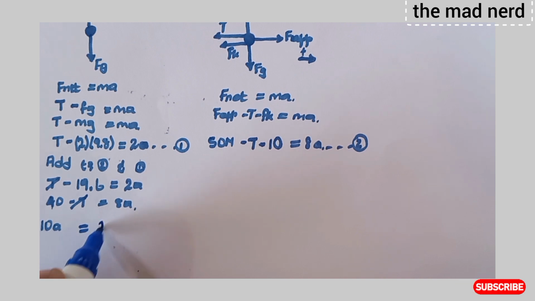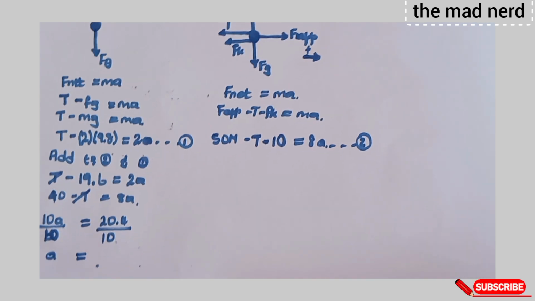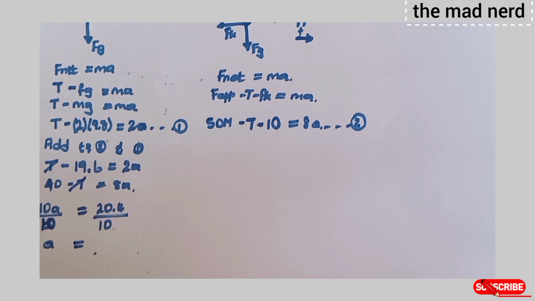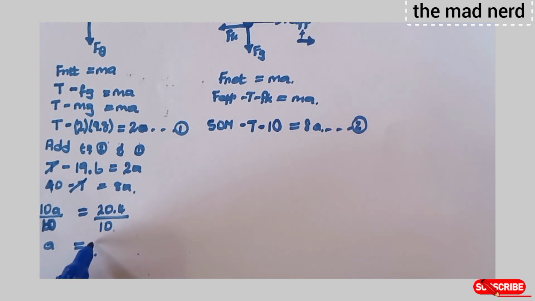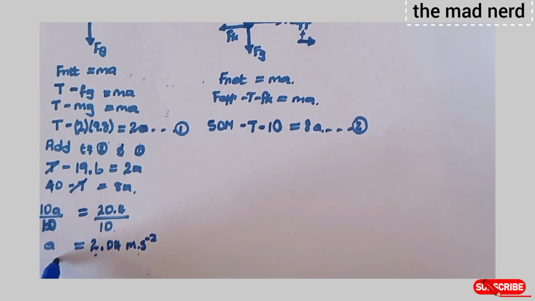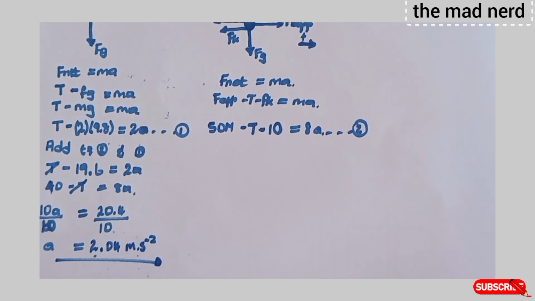So we have 20.4 on this side. Let's divide by 10, and we get the acceleration, which is 2.04 meters per second squared. That is the acceleration.